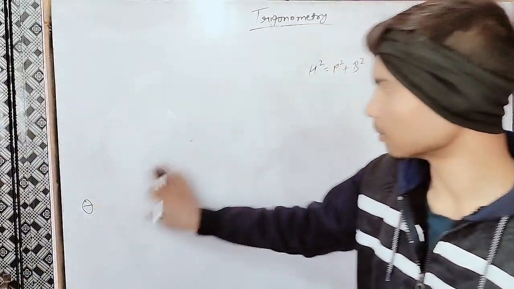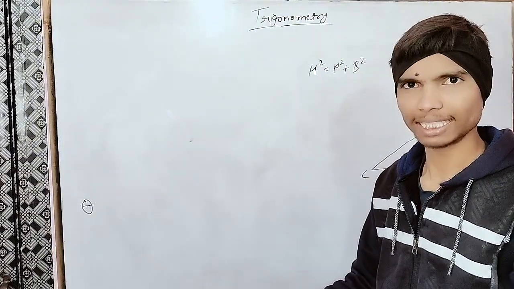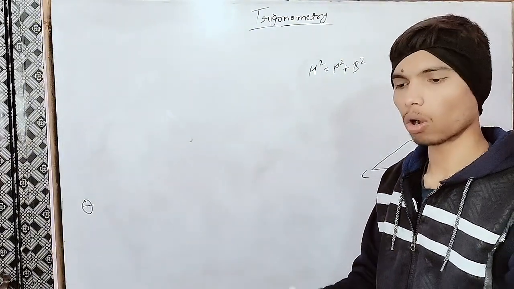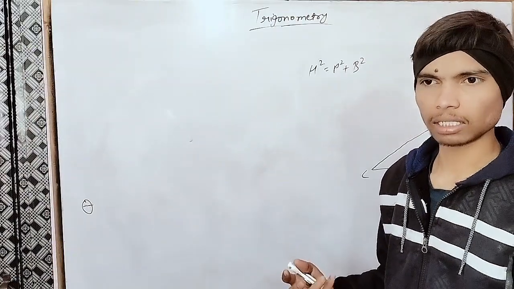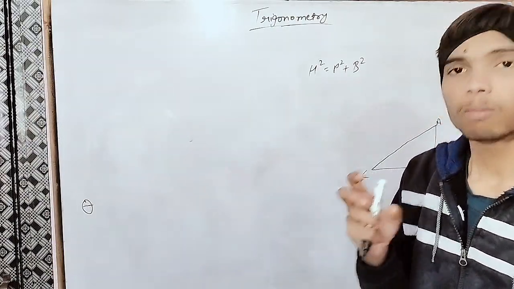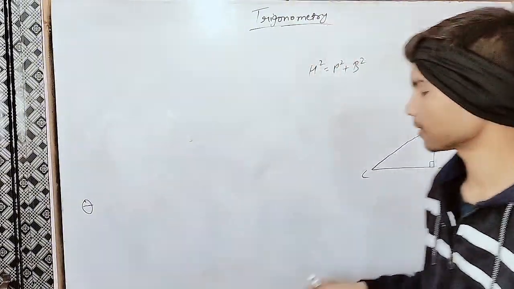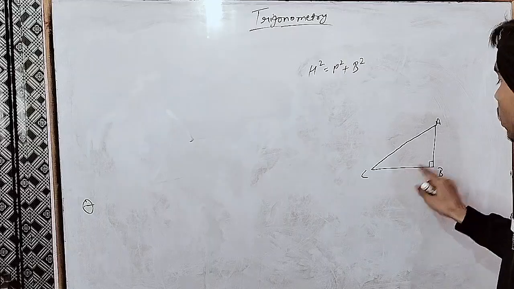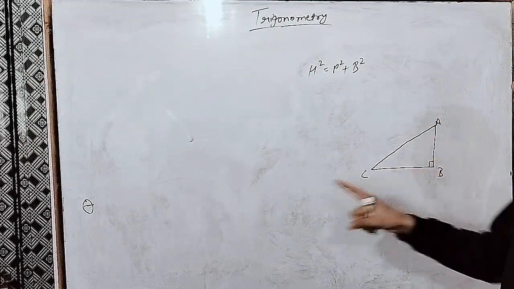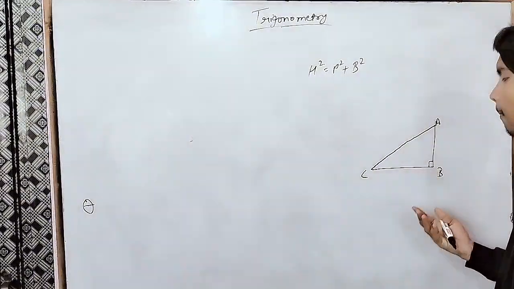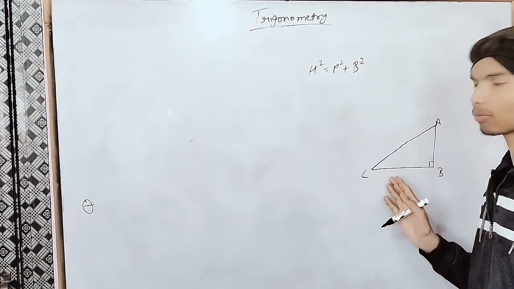Let's understand a little better about theta. We write theta when we don't know how much the angle is. The real number of the angle we don't know. That's why we use theta in our mathematics. Otherwise, when you know the angle in degrees, you use that. The angle will decide our base and perpendicular of a triangle.